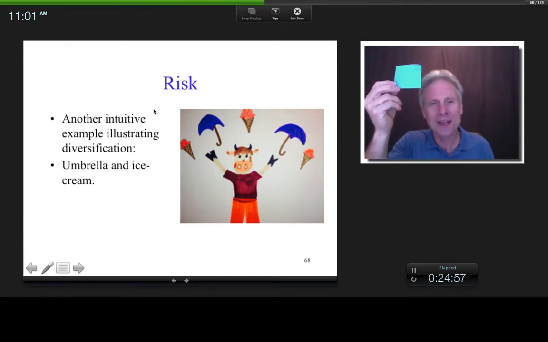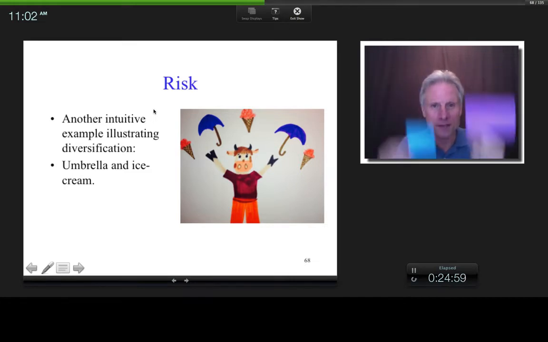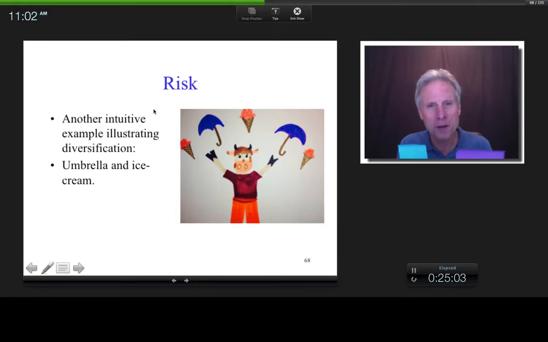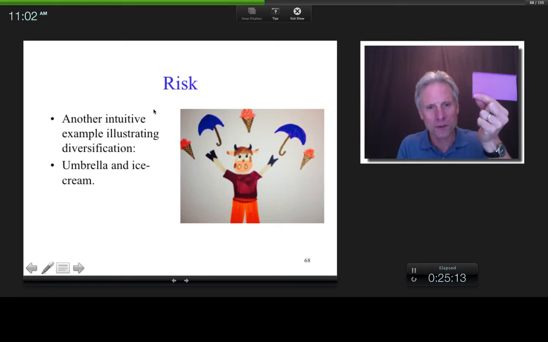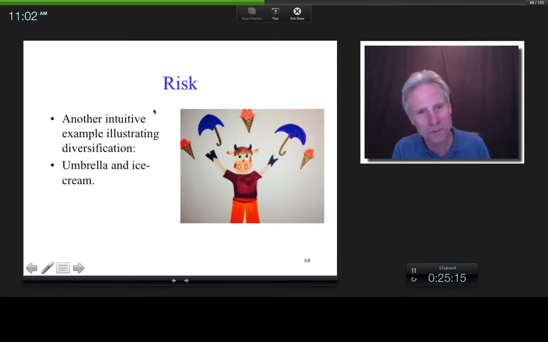So in other words, depending upon the weather, these guys are going to be pretty volatile. On the other hand, if I have both, okay, then is happy face here going to be offset by sad face there? It is, right? And vice versa also. So in other words, because I have both umbrella stock and ice cream stock, there's some degree of diversification going on.